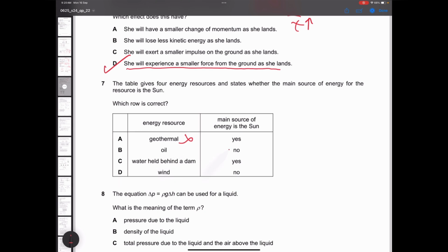This is also no. Water held behind a dam, is it due to the sun? The sun is somehow controlling how much water is held in a dam. Yes. And wind. Is wind controlled by the sun? I don't think so. So the answer will be C. Water held behind a dam, the main energy source is the sun.